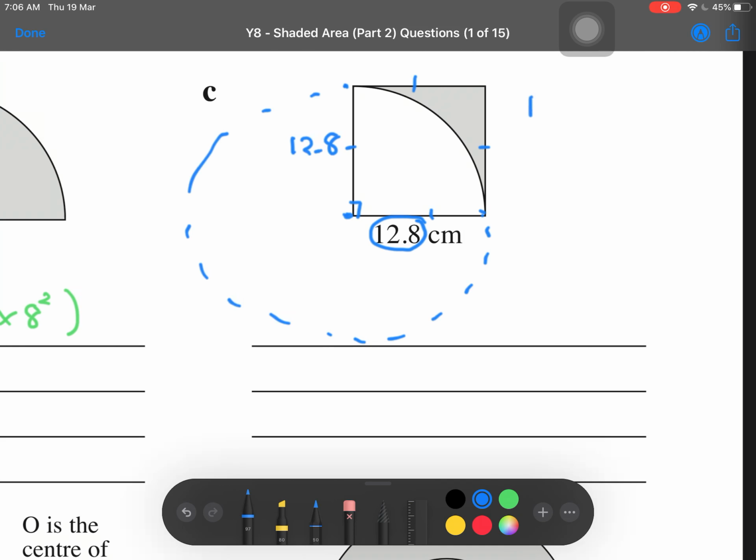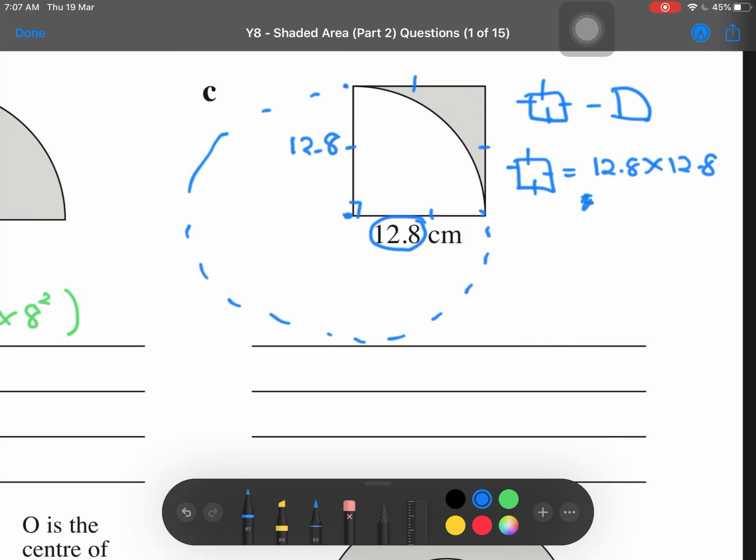Okay? So what do we do here? So the strategy is the square minus the sector. Now for the square, this is quite straightforward. It's 12.8 times 12.8, and this will give us... Okay, never mind this.